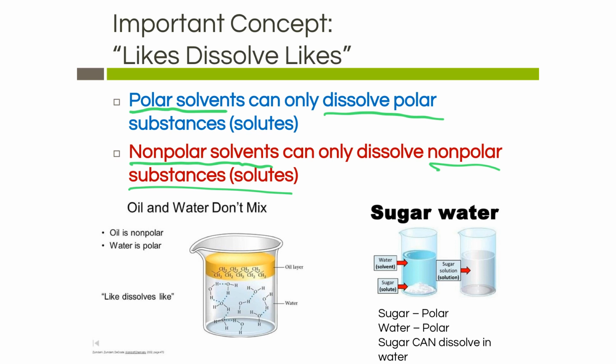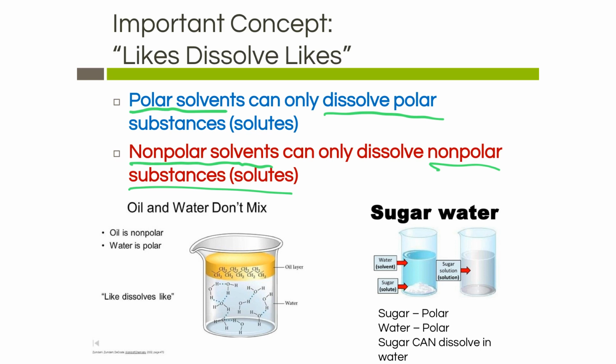Okay, and so like dissolves like, polar dissolves polar, nonpolar dissolves nonpolar. So oil is made of just carbons and hydrogens, very nonpolar. Water, having that unequal sharing, is very polar. So that's why you don't mix those. They don't mix, okay, because they're not the same. They won't dissolve in each other.